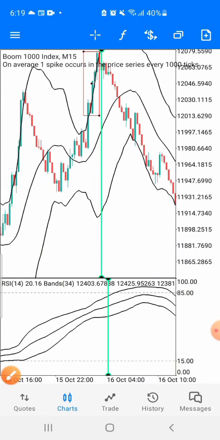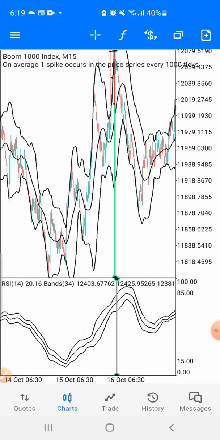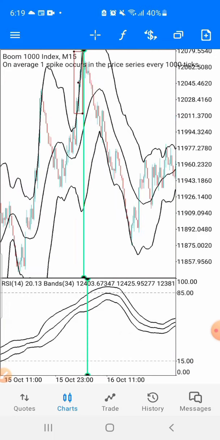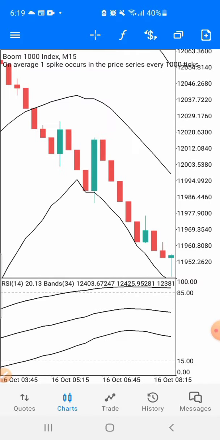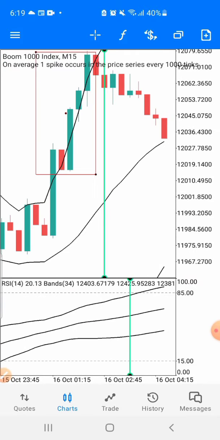Zoom out completely to see if our indicators are at overbought if you are selling. If you discover our Bollinger Bands indicator is at overbought, then you zoom in to see any candlestick pattern right here. So once you see any bearish candlestick pattern, that's where you will start taking your trade.